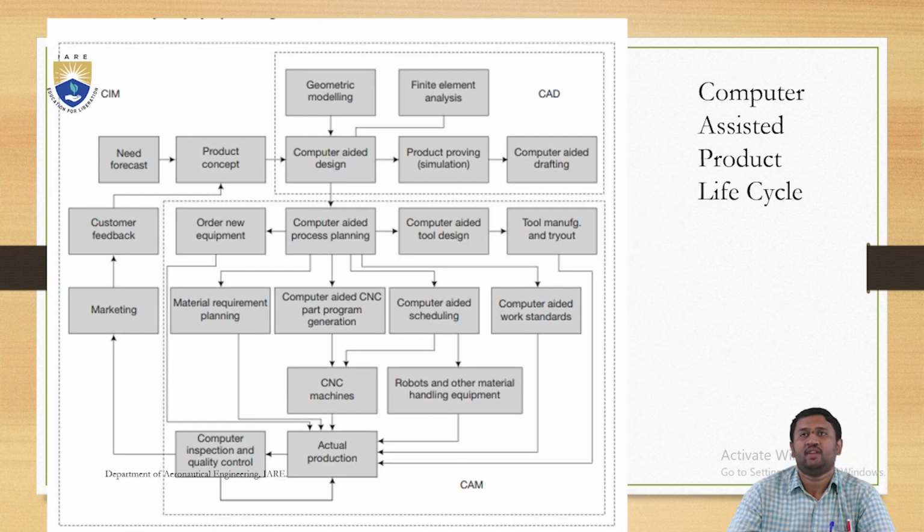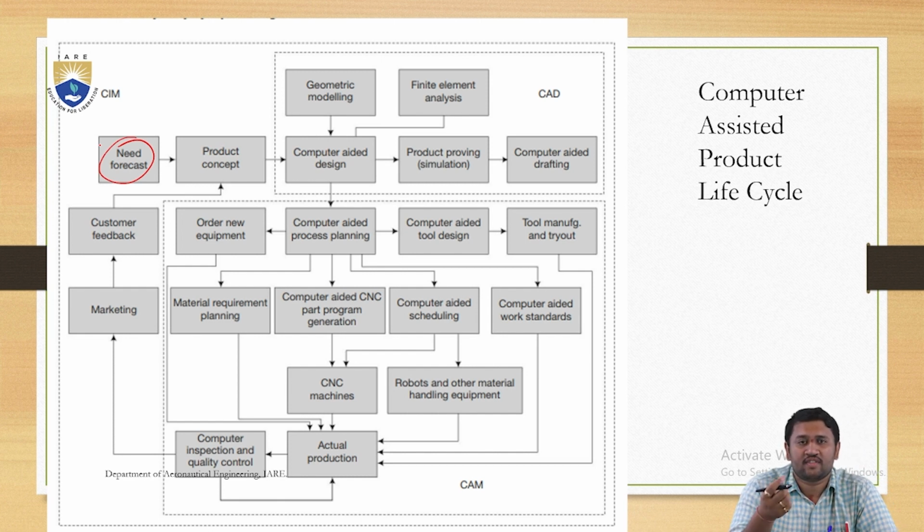Now, under this, one more thing that we will be discussing is the computer assisted product life cycle. Under this, let's say for example, if I am a manufacturer, what I can do basically is see a need for a product, right?